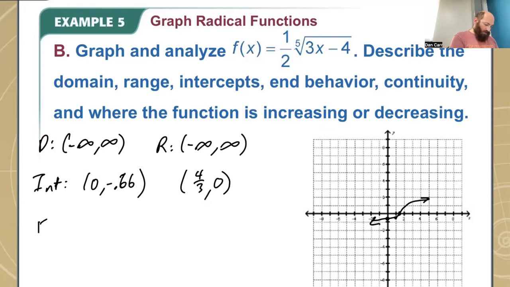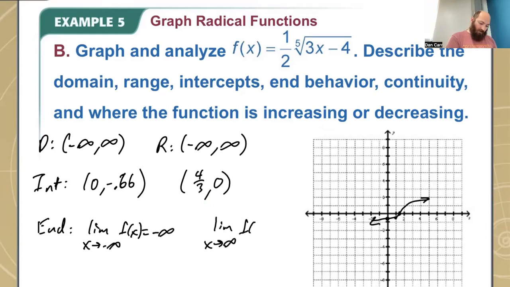Okay, end behavior. We do have left-hand and right-hand end behavior. So the limit as x approaches negative infinity, f of x is equal to negative infinity because it's going to go down forever. And the limit as x approaches infinity, f of x equals infinity.